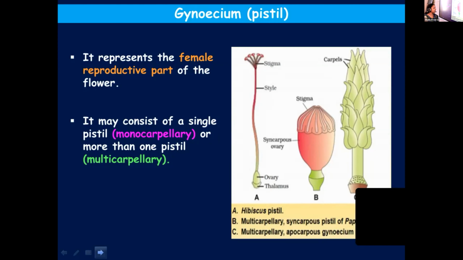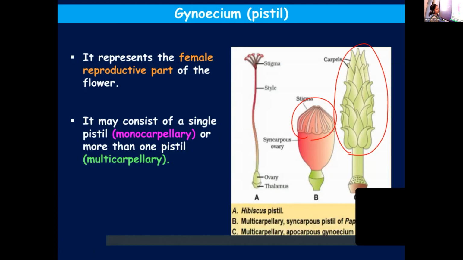Whereas in the second, B and C, you can find multicarpellary pistils, or you can say multicarpellary gynoecium. Let's see what is the difference. Here you can see so many carpels. Here also so many carpels are present, but there is a difference between B and C. Even though both of them are having many carpels, in the first one, as you see, these carpels are fused together.